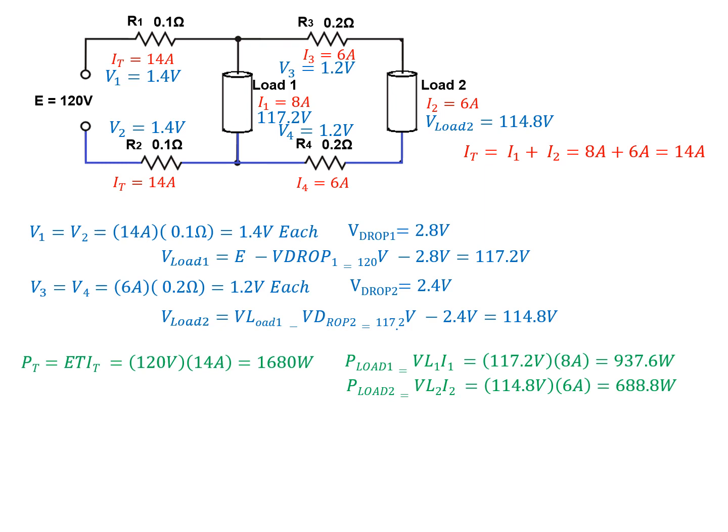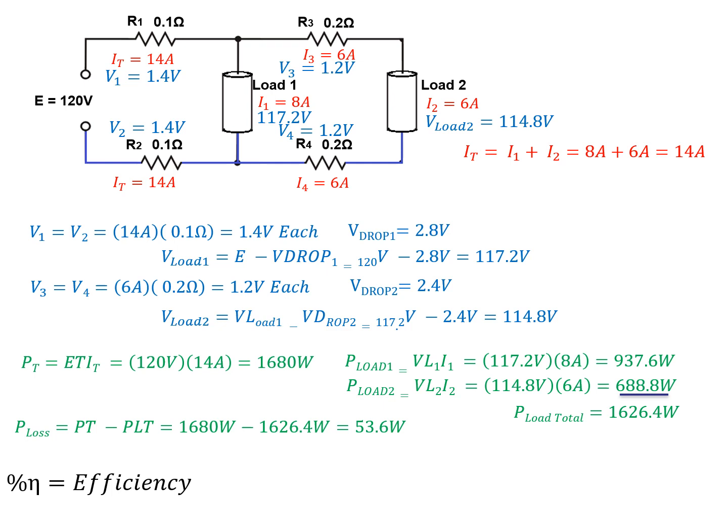Our load power 2 should give us about 688.8, which means our total load power is about 1626.4. We could calculate all the individual losses, or we could just take the difference of our total power and our total load power, which leaves us with 53.6 watts.